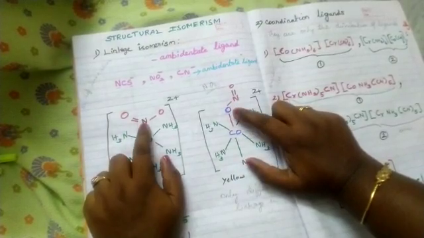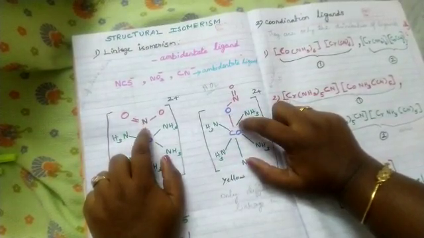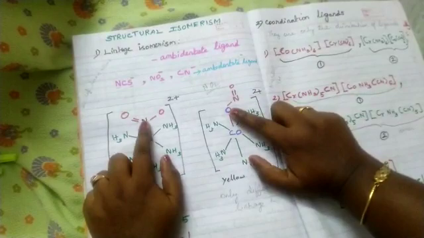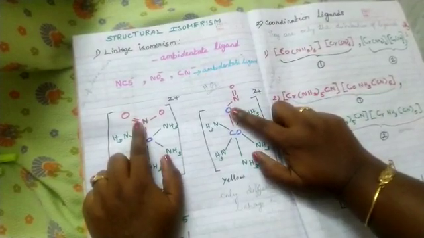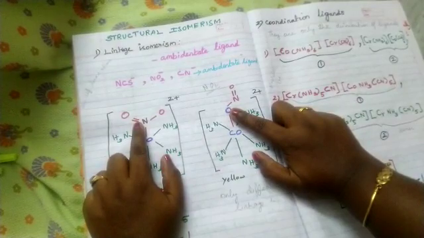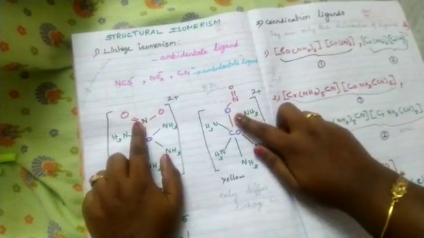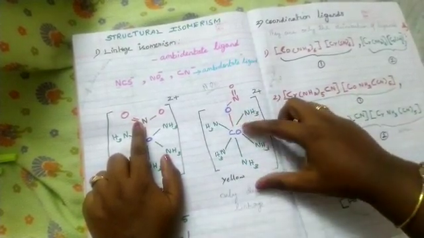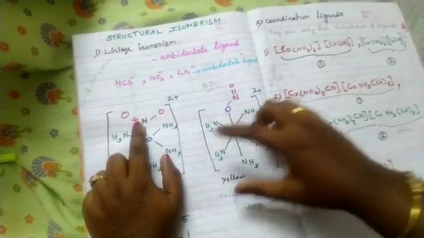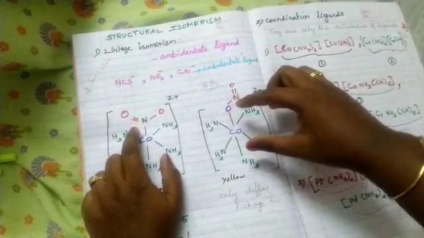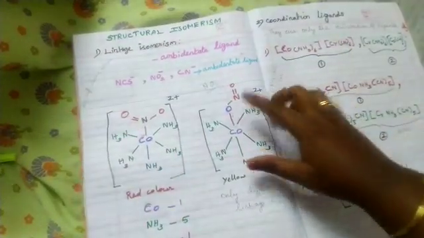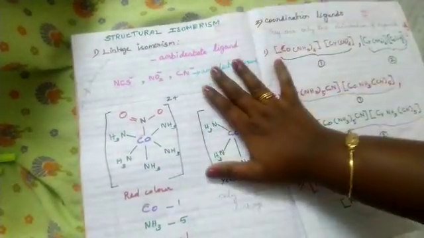Whichever atom is connected to the central metal atom, that ligand acts as a donor atom. So depending on the donor atom, the linkages are different. When the linkage of the donor atom differs, that is called linkage isomerism.